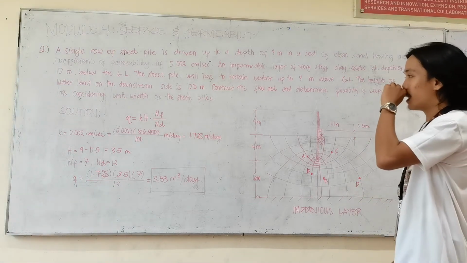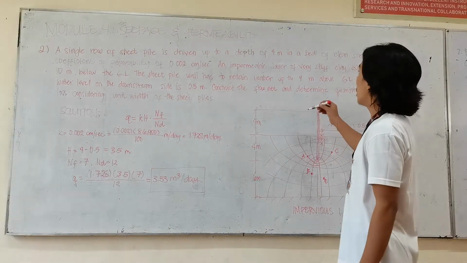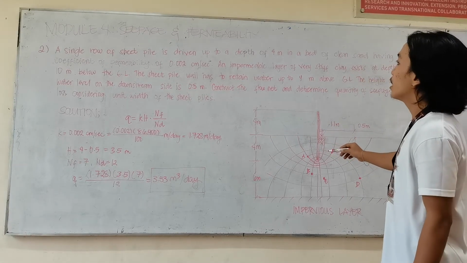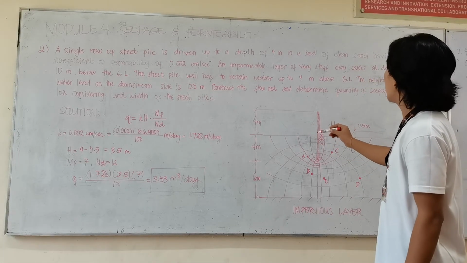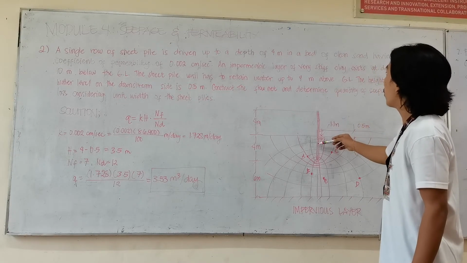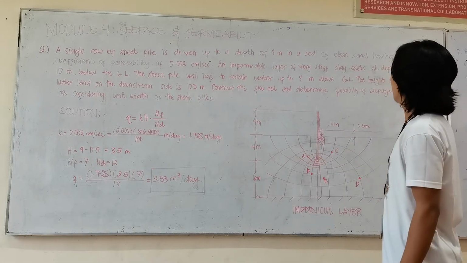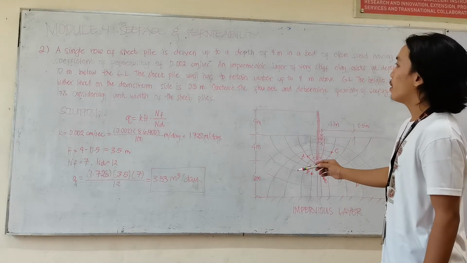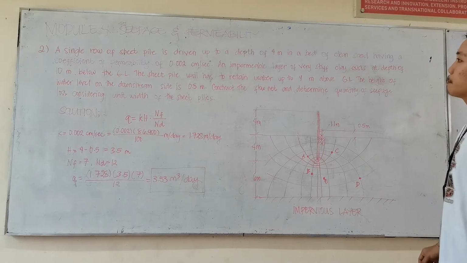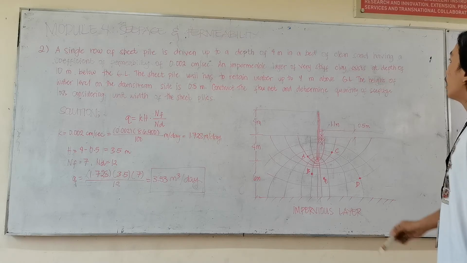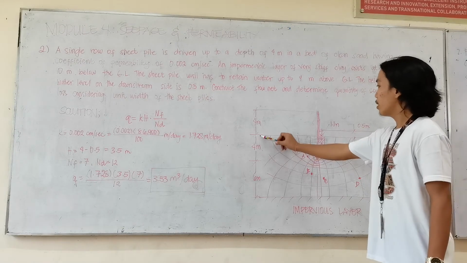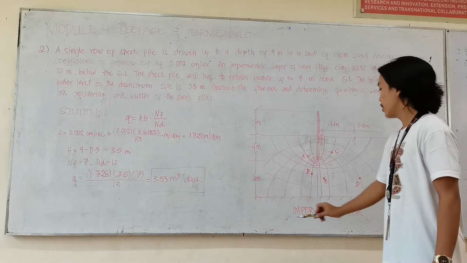So, as we can see, this would be our constructed flow net. And in the problem, it says that the sheet pile is driven up to a depth of 4 meters, and the coefficient of permeability is 0.002 centimeter per second. Then, an impermeable layer of very steep place is at a depth of 10 meters below, from ground level up to here.